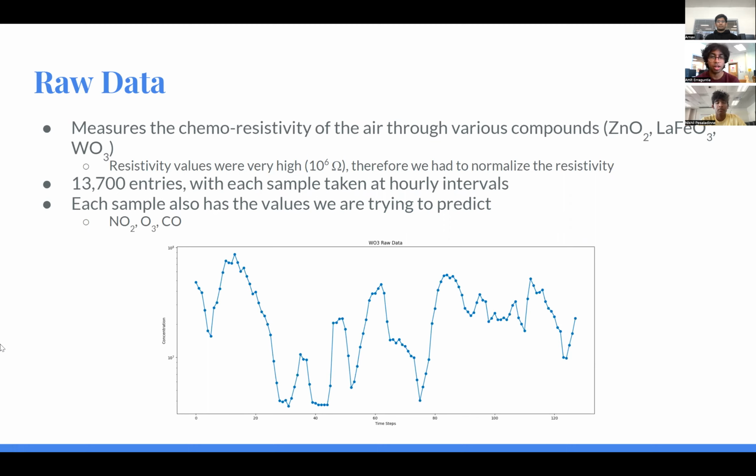And then this reaction causes electrons to go through the sensor, and then we pick up the current and the resistance for that current generated by that reaction. So as you can see below, we have a time series data with each sample taken at hourly intervals, and then we have the electrical resistance to a specific compound. And then these compounds are also correlated with certain pollutants such as NO2, ozone, or CO.